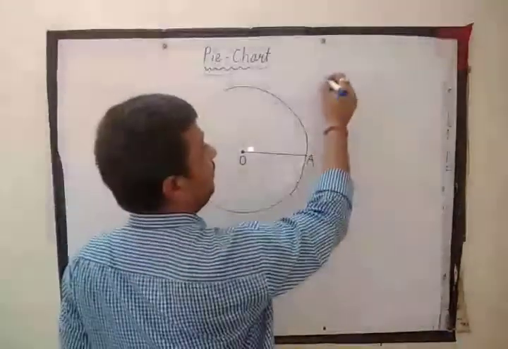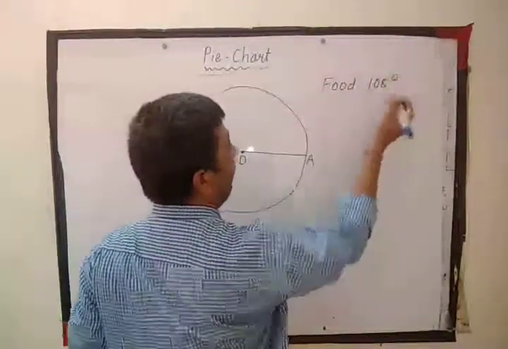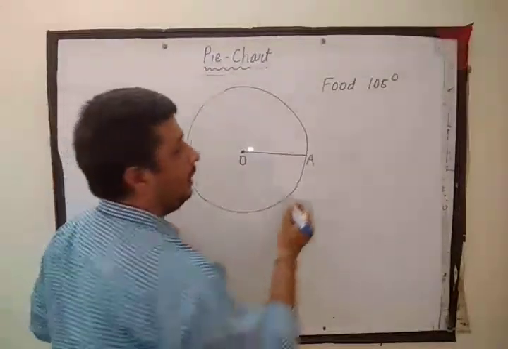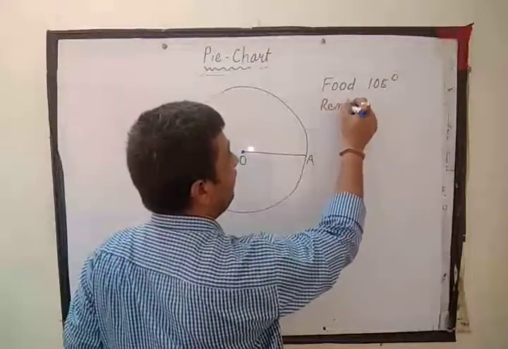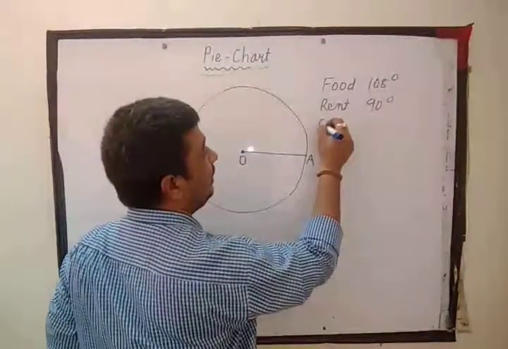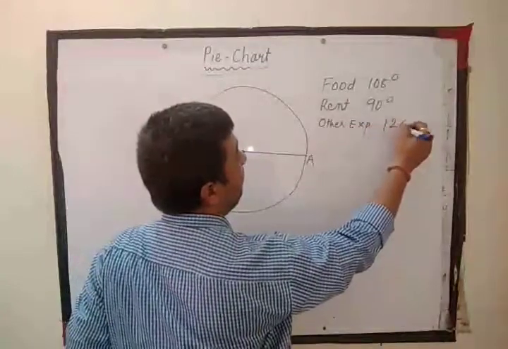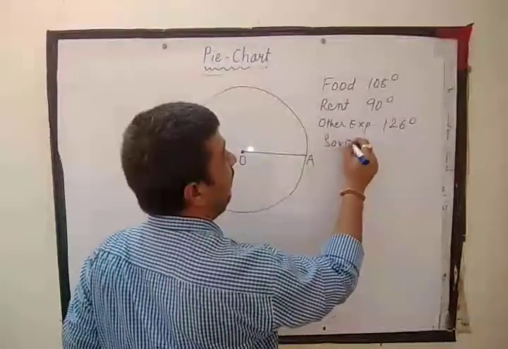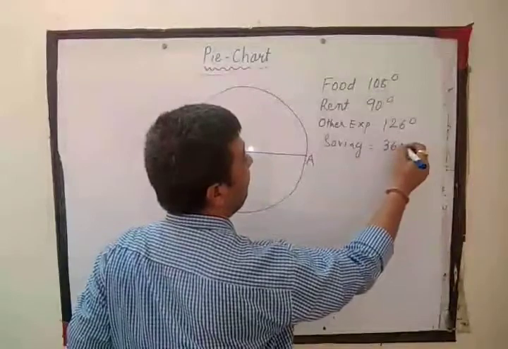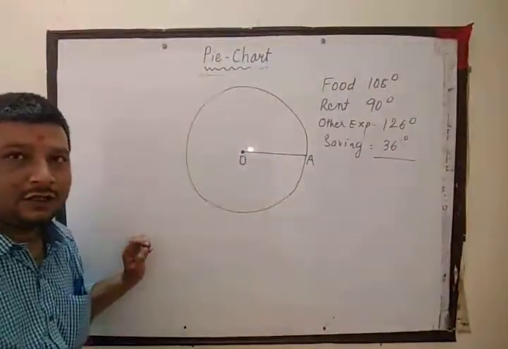Now I was given food as 108 degrees, then rent 90 degrees, then other expenses 126 degrees, and the saving part 36 degrees. So first of all 108 degrees.